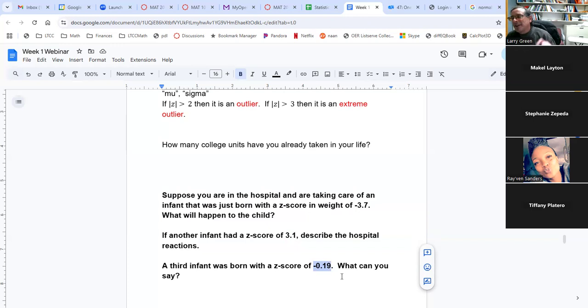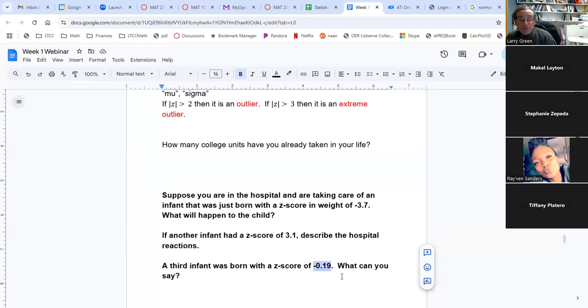That is actually very close to 0. Because remember, 2 and negative 2, those are the outliers. This isn't even any close to that. This is really close to 0. So what you would say with this baby is, this is a normal baby that's really close to average. Do you see that? Yeah, it's very, very tiny below average. You wouldn't even say below average. You would say this is an average baby. Do you see how that works?